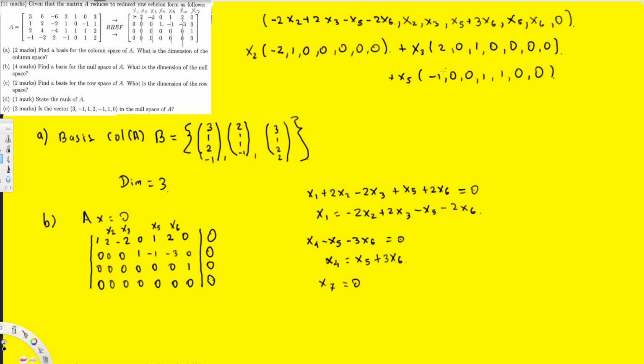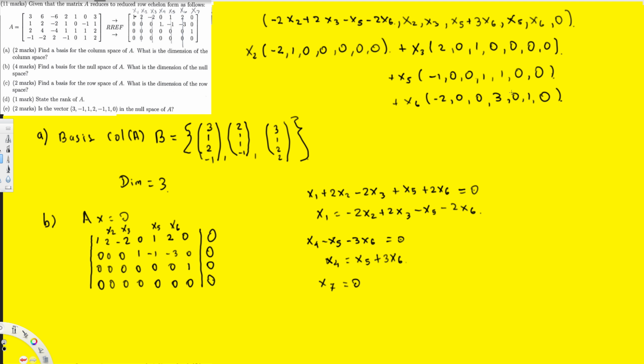And now if I take x6: minus 2, 0, 0, we have 3 right here, then 0, then 1 right here, and this is 0.